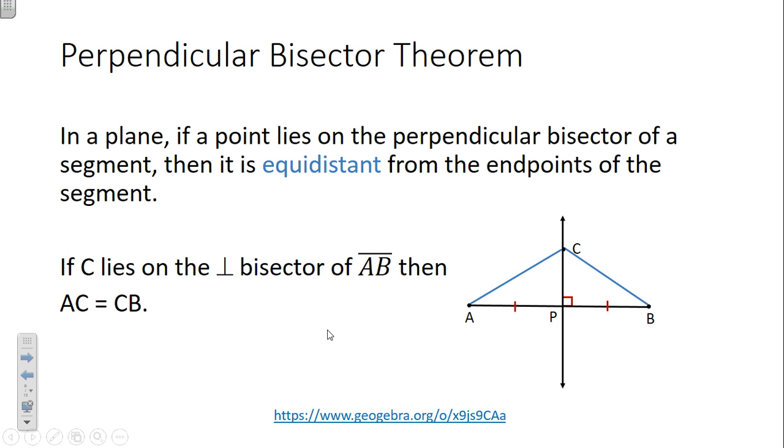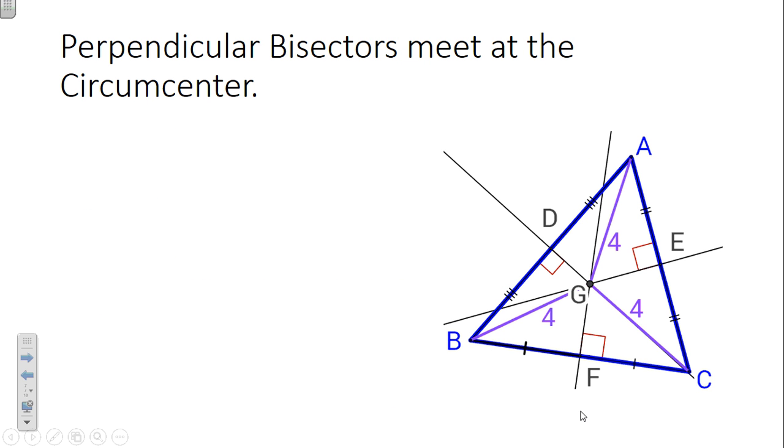Okay? So then the next piece is that we need to know what happens when we find three perpendicular bisectors of the triangle. Before we were just looking at one. But notice that from A to F is a perpendicular bisector. It cut it into two equal sides and has a 90-degree angle.